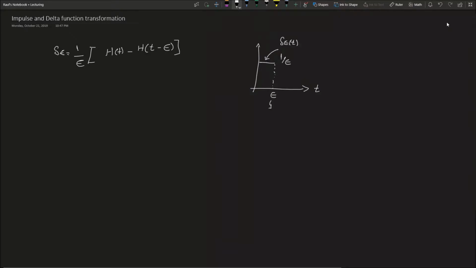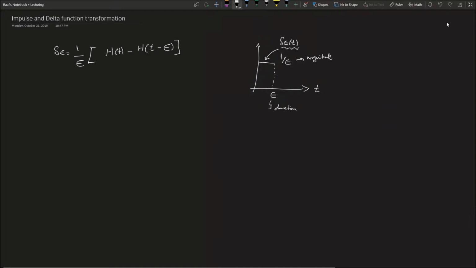So this is the duration, and this is the magnitude, and this is the impulse function.